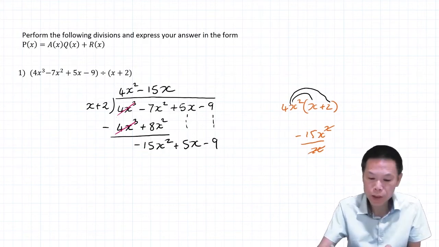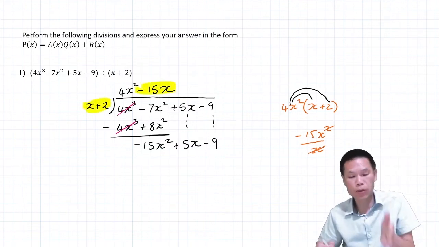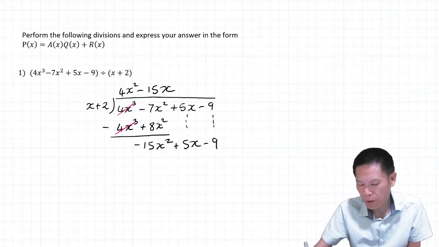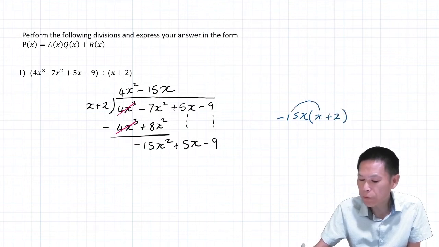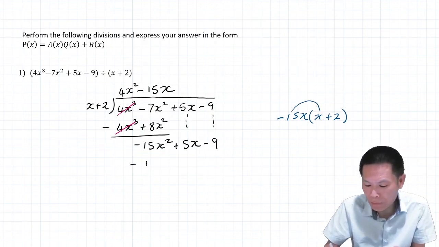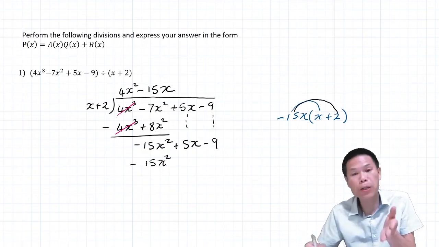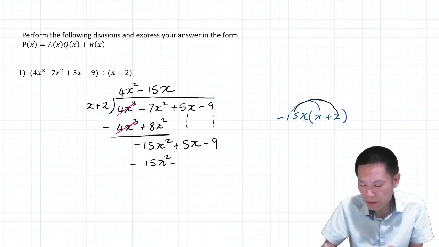And then we times negative 15x by x plus 2. So negative 15x times x is negative 15x squared. So I write this down, negative 15x squared. And negative 15x times 2 is negative 30, so minus 30x.